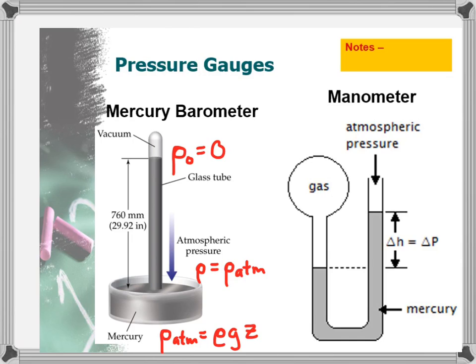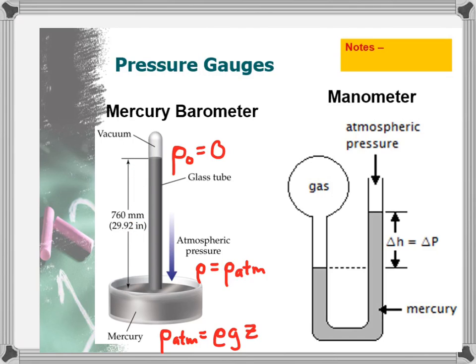So you can actually get the atmospheric pressure by knowing the density of mercury and knowing how high this column of mercury is. If you have ever listened to the evening news report and they're talking about the weather, sometimes they will actually report the air pressure or the atmospheric pressure in terms of how many millimeters of mercury this column is. So that's actually what they're telling you.